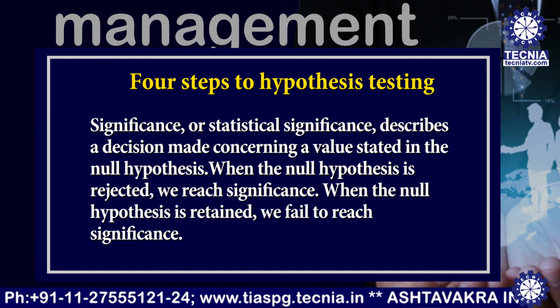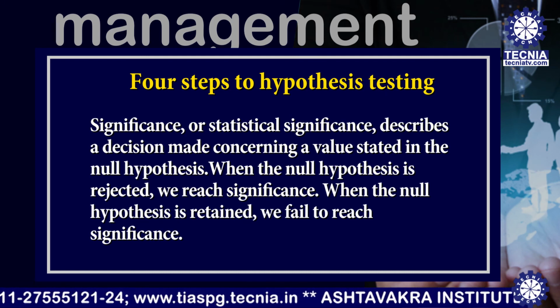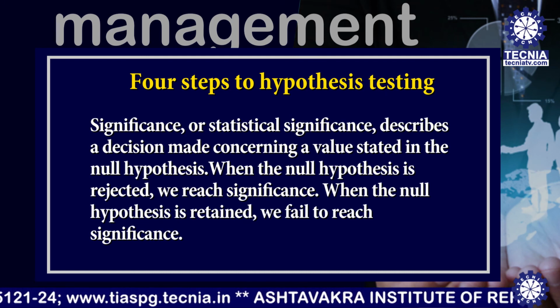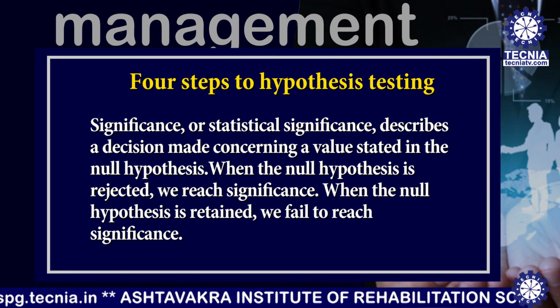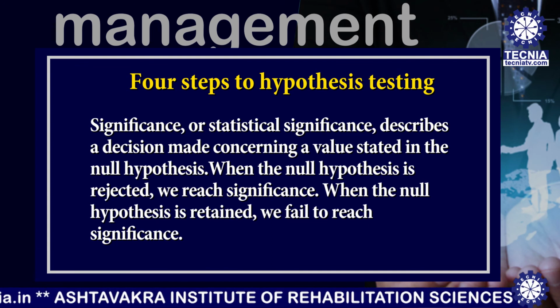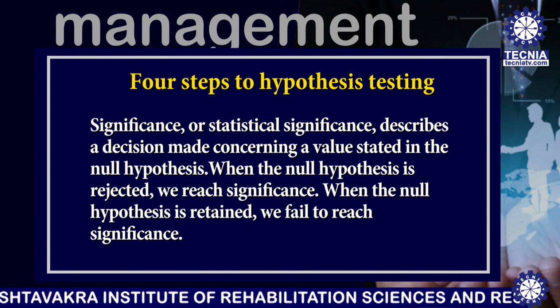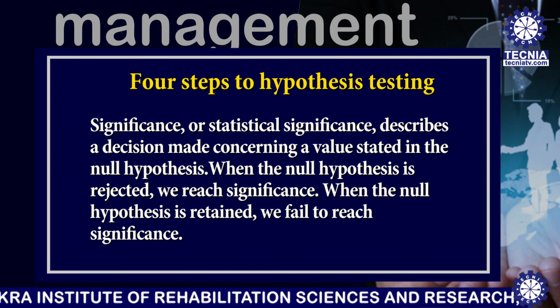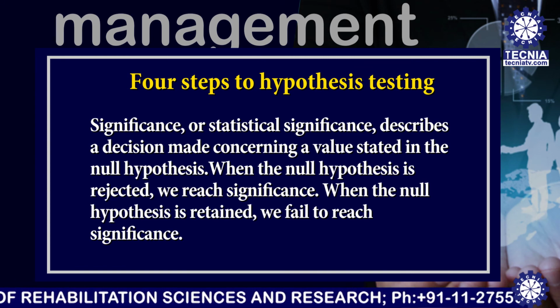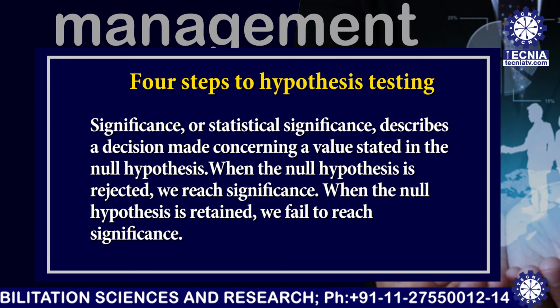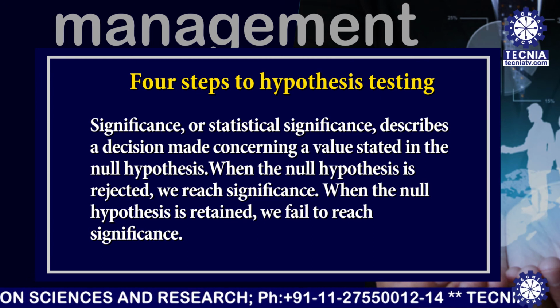Now, I am explaining significance, or statistical significance. It describes a decision made concerning a value stated in the null hypothesis. When the null hypothesis is rejected, we reach significance. When the null hypothesis is retained, we fail to reach significance.